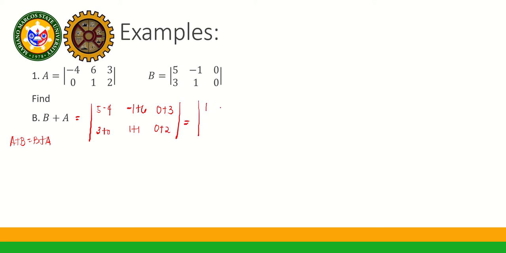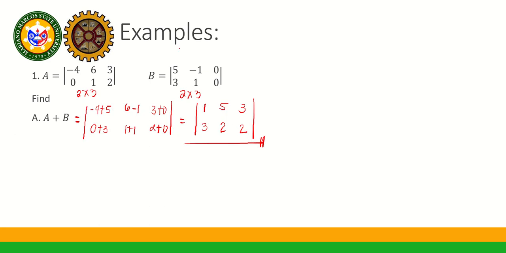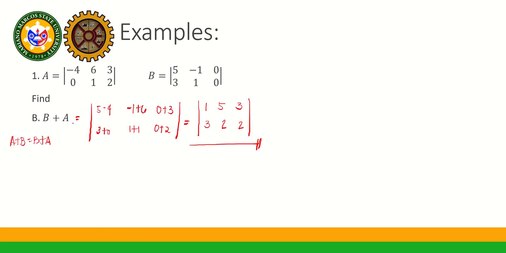Simplifying, this will be equal to 1. -1 plus 6 is 5. 0 plus 3 is 3. 3 plus 0 is 3. 1 plus 1 is 2. And 0 plus 2 is 2. Let's check if parehas sila nung nasa example letter A. So 1, 5, 3, 3, 2, 2. 1, 5, 3, 3, 2, 2. So this rule is true.